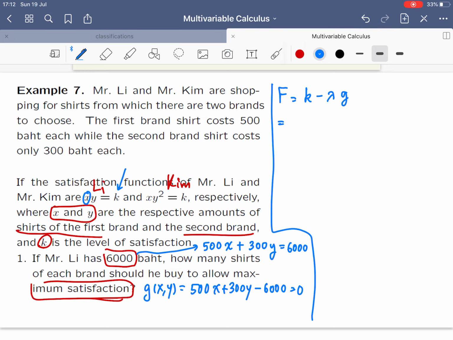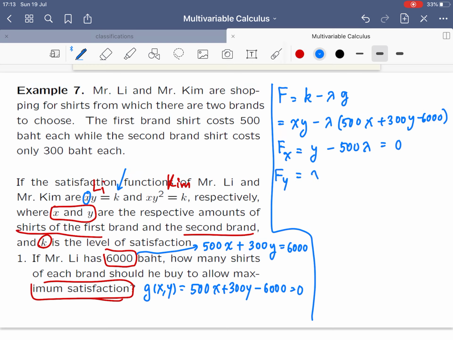So this one, your F is xy minus lambda of 500x + 300y - 6,000. So your f sub x is simply y minus 500 lambda, and your f sub y is simply x minus 300 lambda, equals 0.